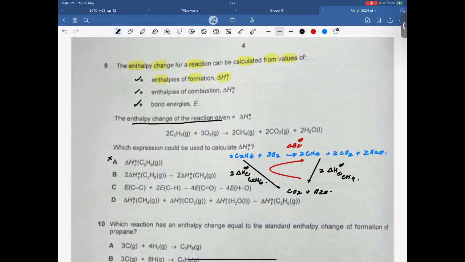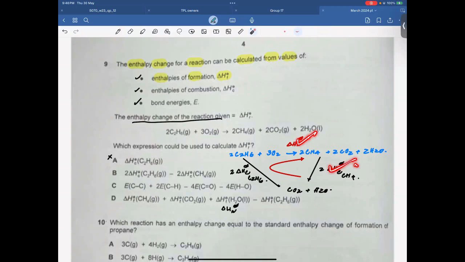Apply the clockwise arrow. We can relate the, this value is going to be positive, because both these values range, plus delta H5C of methane times 2. This value is going to be negative because it is moving in the anti-clockwise direction.